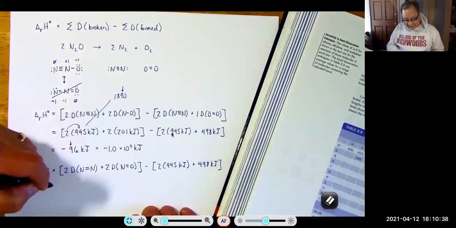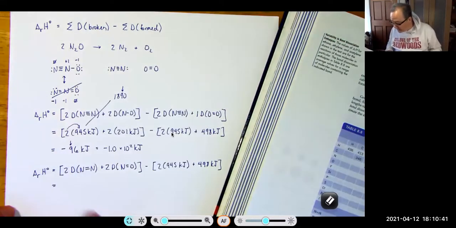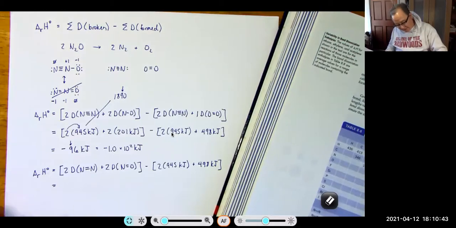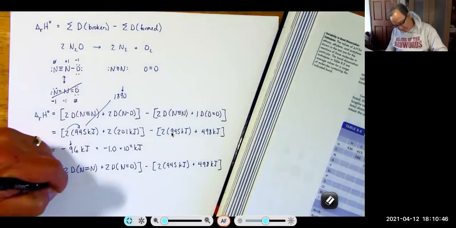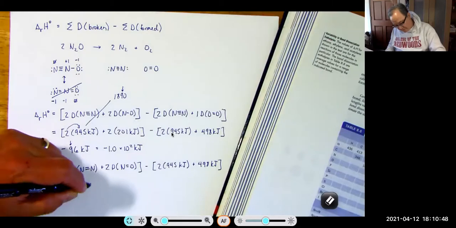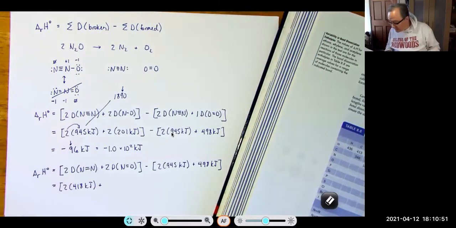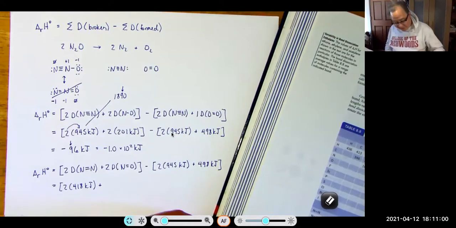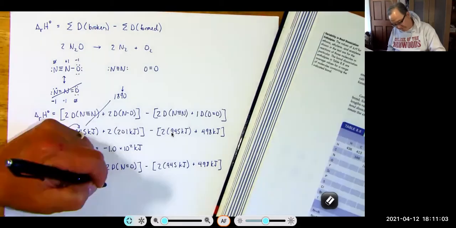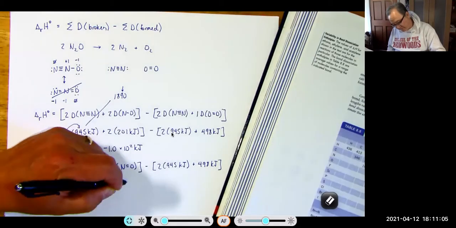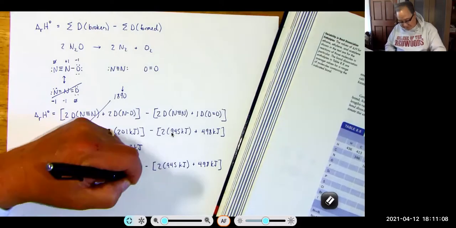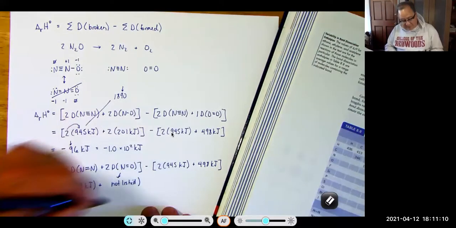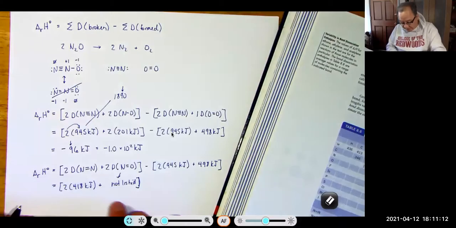So when we look up these values for a nitrogen-nitrogen double bond, it's 418. And for a nitrogen-oxygen double bond, well, I don't see any listed, so that means we can't do it. So clearly, we can't complete this method because this is not listed in our book.